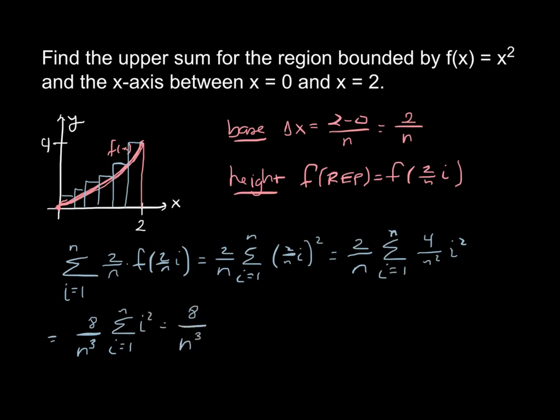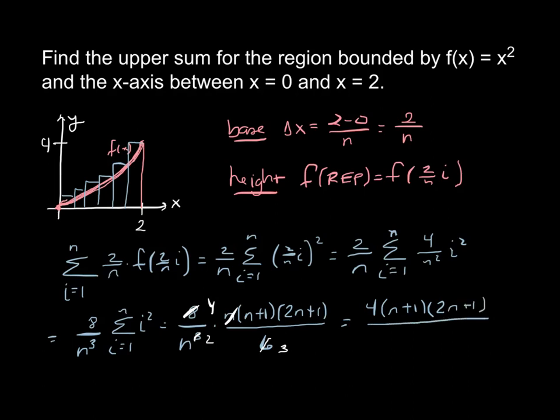And we have a formula for the sum as i goes from 1 to n of i squared, and that's n plus 1, 2n plus 1, all over 6. We can simplify this a little, and we end up with 4 over 3n squared.